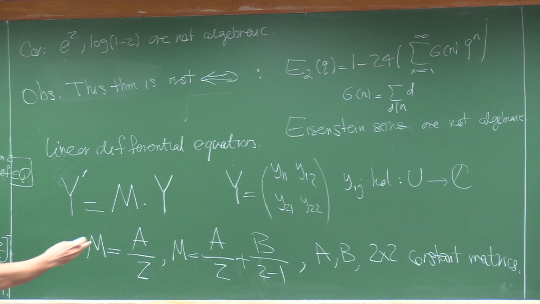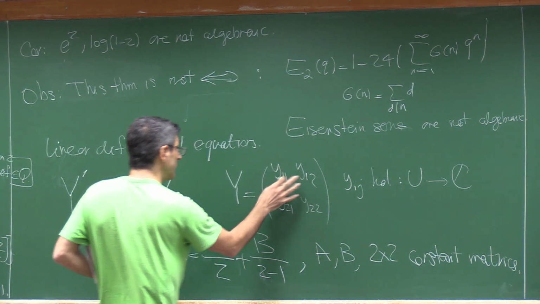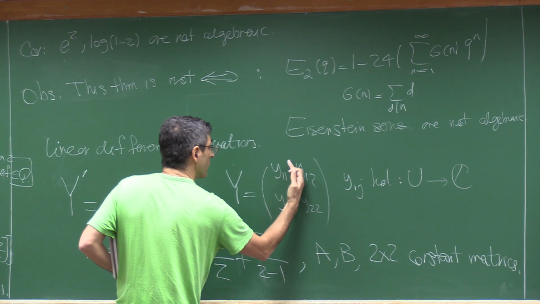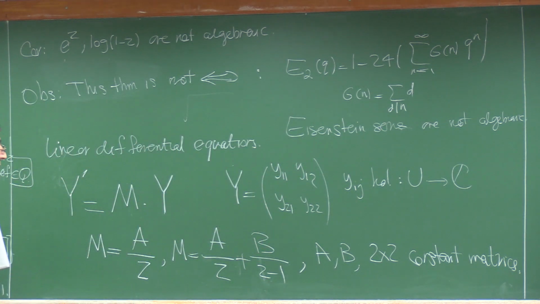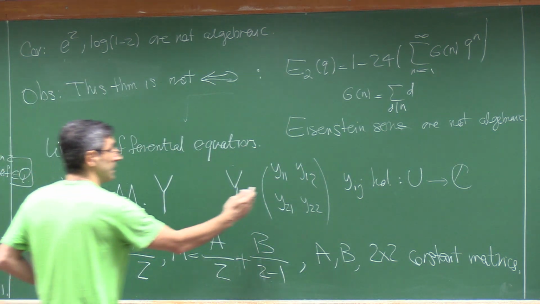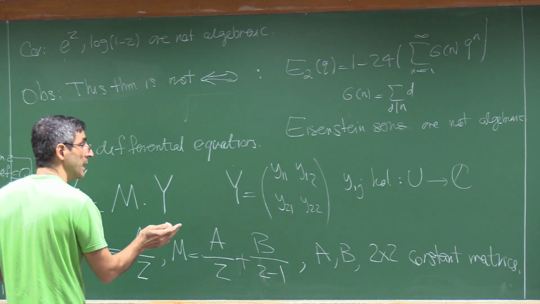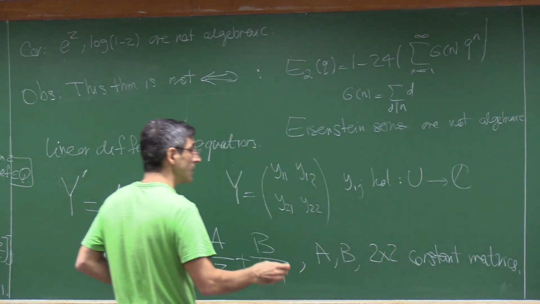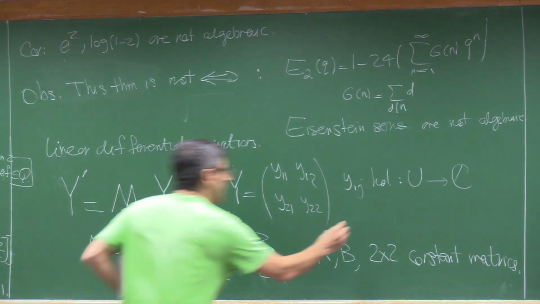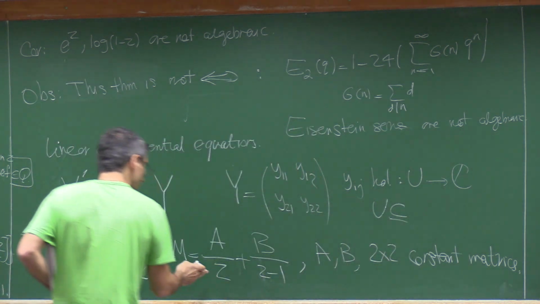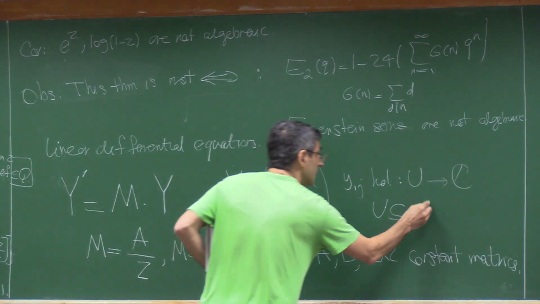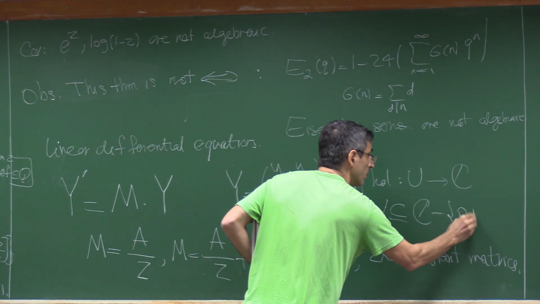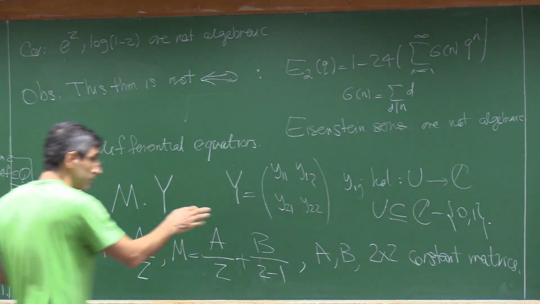Usually one rewrites as 2 by 1 matrices, but let me write it in this 2 by 2 format. You are interested in all these 4 holomorphic functions, on C minus {0, 1} in this example, and in the other case just C minus 0.